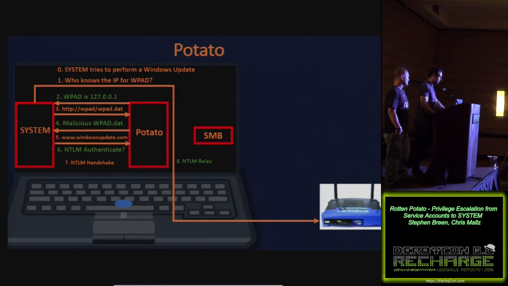So it goes to windowsupdate.com, whatever, and we're like, oh, you're going to need to authenticate before you can do that. And then it tries the authentication, and we relay that authentication to the local SMB listener and get privilege escalation, and now we're running as NT Authority System. So that was the idea of Potato, and that's what it does or used to do.